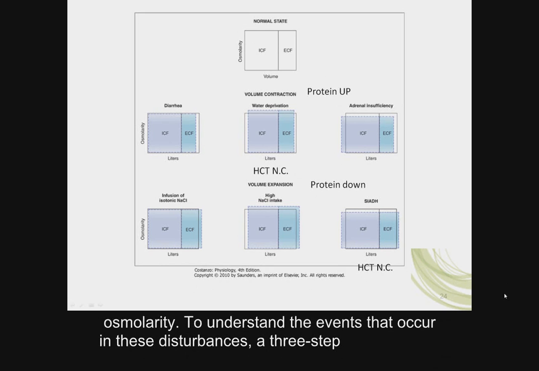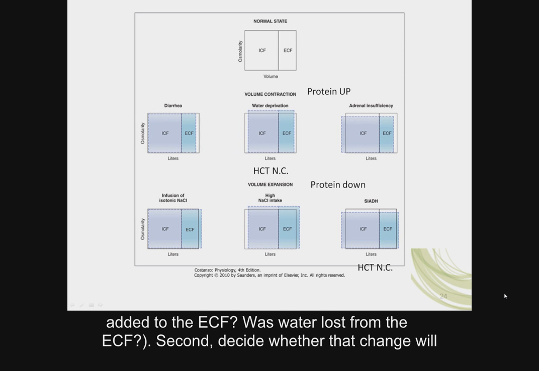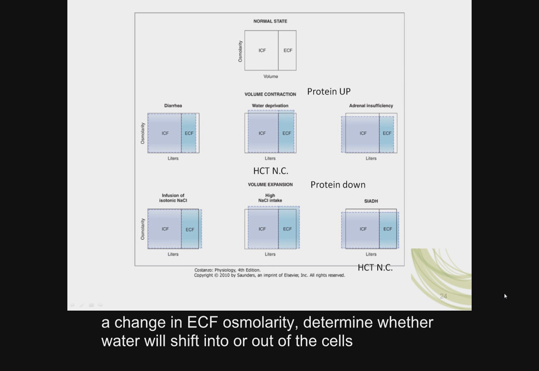Second, decide whether that change will produce an increase or decrease or no change in ECF osmolarity. No change is isoosmotic. Increased means hyperosmotic. Decreased means hypoosmotic. Third, if there is a change in the ECF osmolarity, determine whether water will shift into or out of the cells to reestablish equality between the ECF osmolarity and ICF osmolarity.